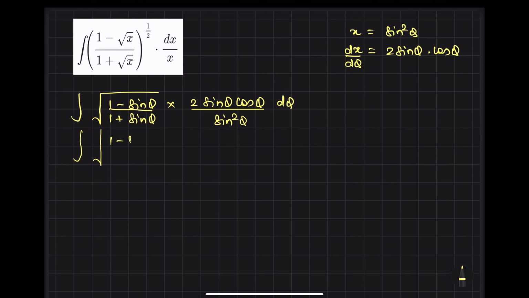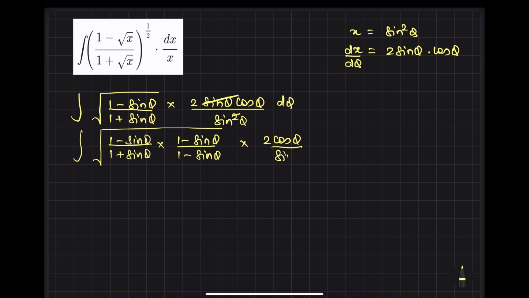Okay, so 1 minus sin theta upon 1 plus sin theta, I will be multiplying and dividing by 1 minus sin theta. Okay, this one sin and one sin will get neutralized, and we will be left with 2 cos theta by sin theta d theta.